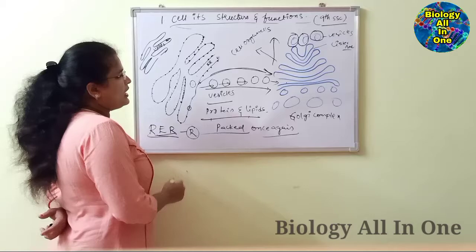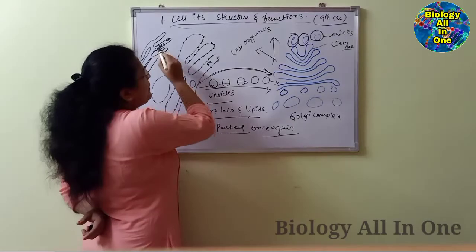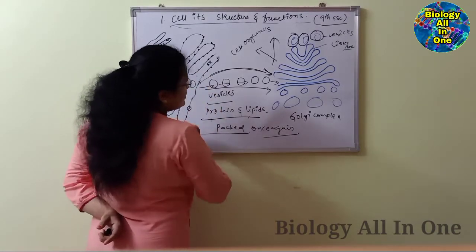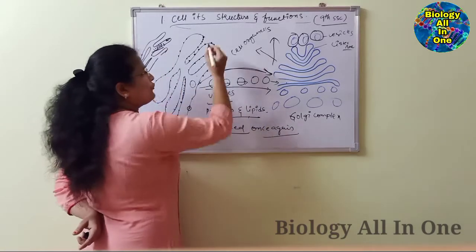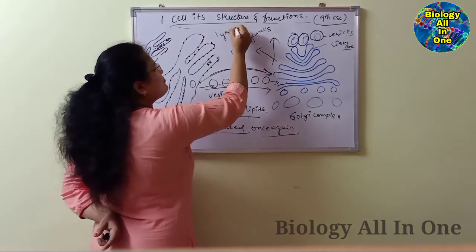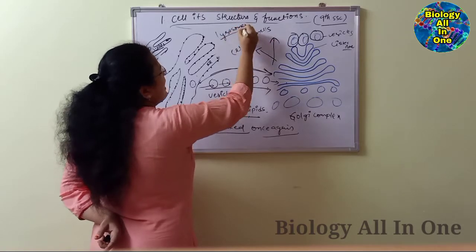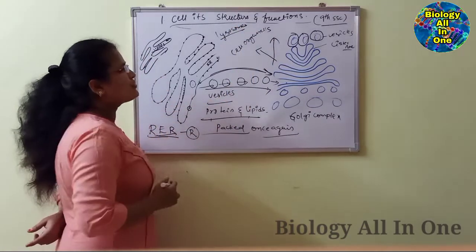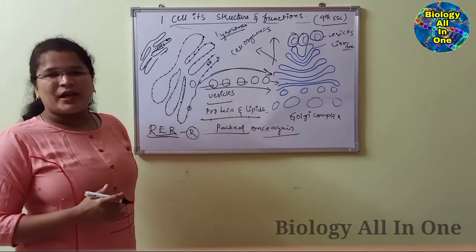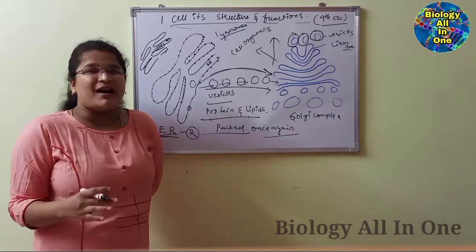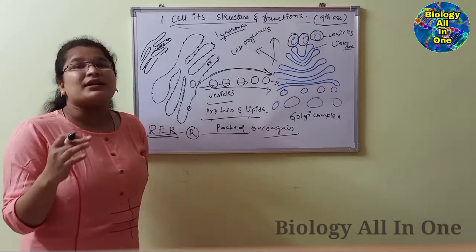Understand? And here, through the lipid and protein synthesis, there is also a formation of lysosomes. You know, lysosomes are also known as suicidal bags of the cell. Why are they known as suicidal bags of the cell? Because they contain destructive enzymes.